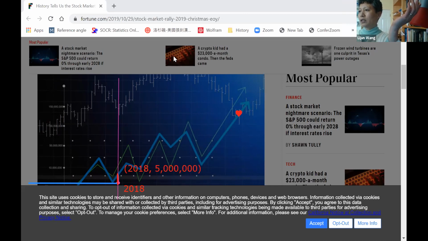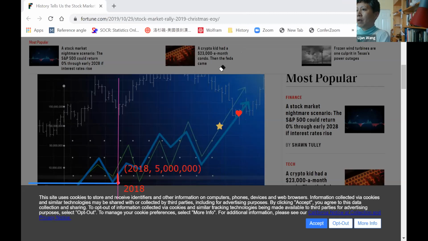I'm going to get a dot right here. So what about this point? To find the input, we draw a vertical line. I'm going to change the color, because I need the red one.